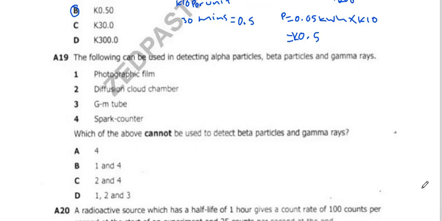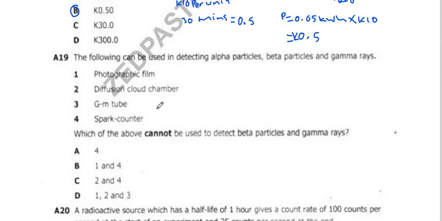It is asking us to identify which one of the given options cannot be used to detect beta particles and gamma rays, so meaning there has to be one that can only detect alpha particles.